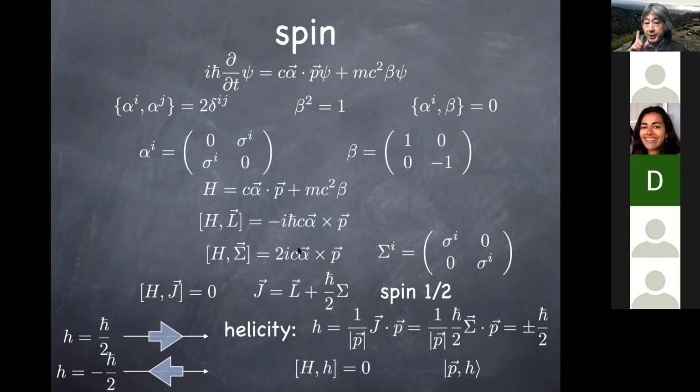So if you imagine using a different quantization axis of spin, then this commutation relation tells you that spin is no longer conserved. So this is, in some sense, the Heisenberg equation of motion for the spin operator. And spin would precess around the momentum.